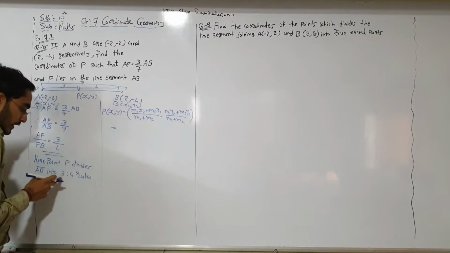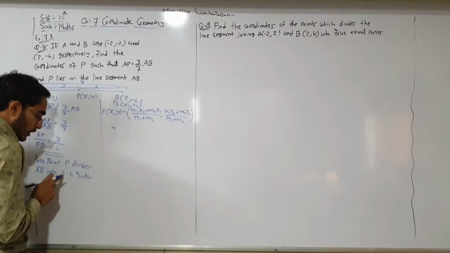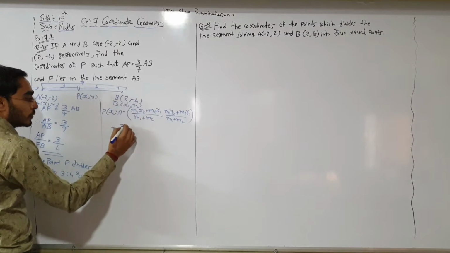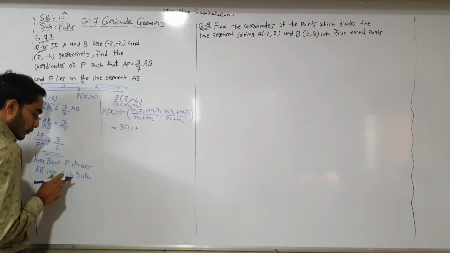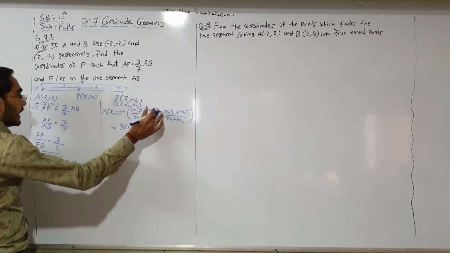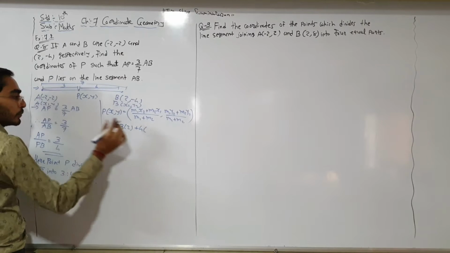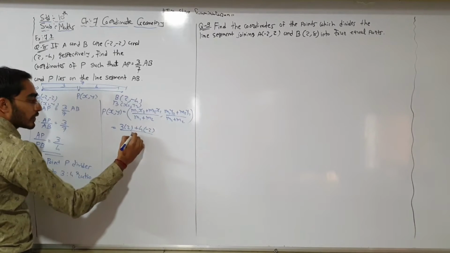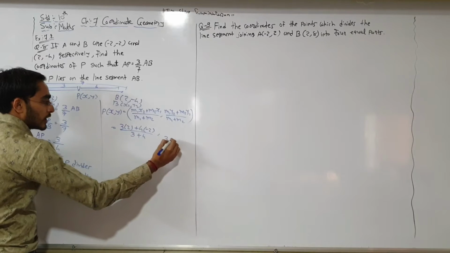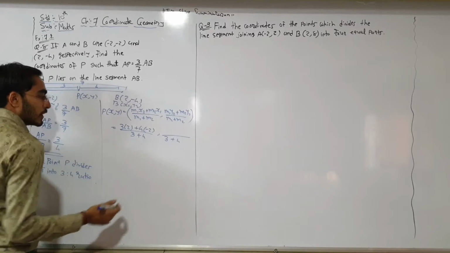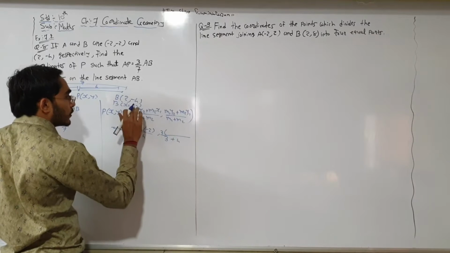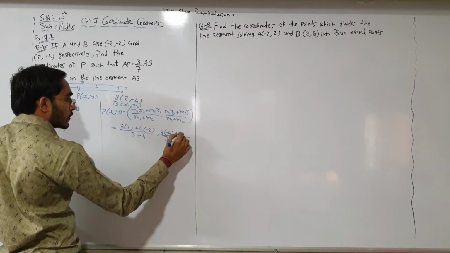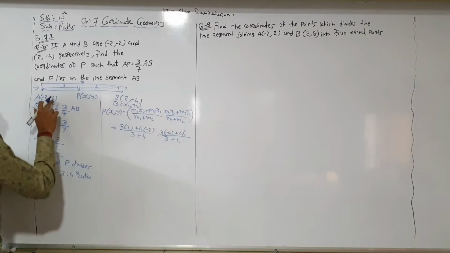Now m1 is 3, x2 is 2, plus m2 is 4, x1 is minus 2, divided by m1 plus m2, 3 plus 4. Now same thing here, 3 plus 4. Now in the numerator, m1 is 3, y2 is minus 4, plus m2 is 4 and y1 is minus 2.